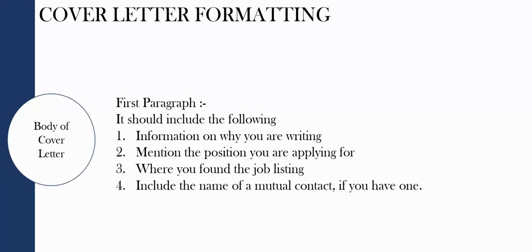If necessary, include the name of mutual contacts if you have one. The fourth part is not mandatory, but the first three points are mandatory. That should be included in the first paragraph.